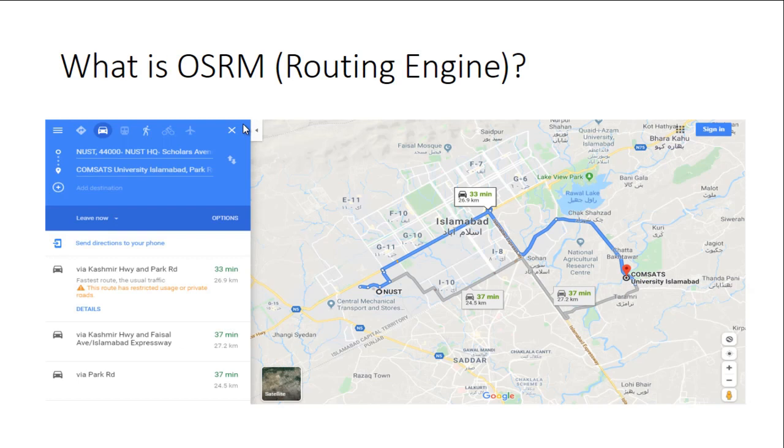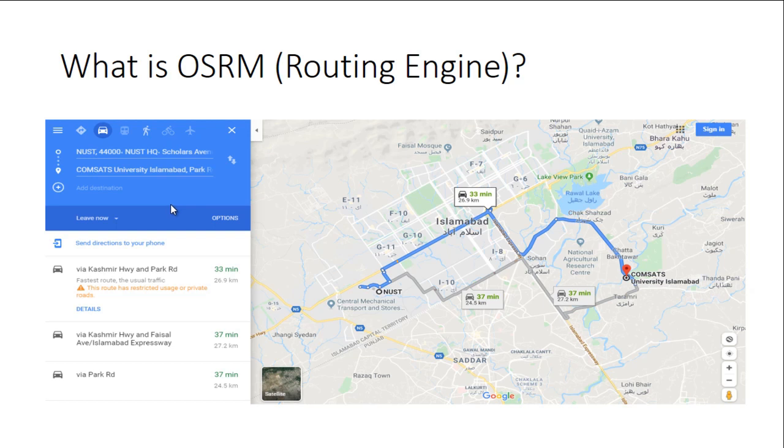What is OSRM? OSRM is equivalent to the Google Direction API. Every feature which you are expecting from the Google Direction API, you may expect from OSRM. That's why I use the word equivalent.